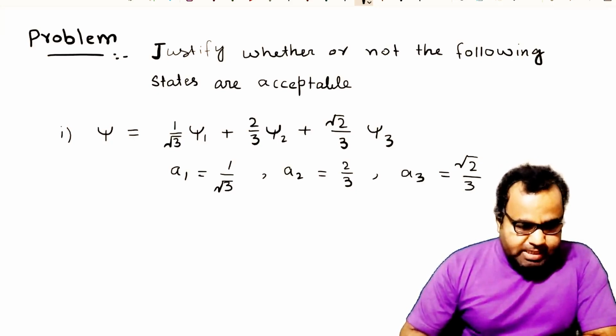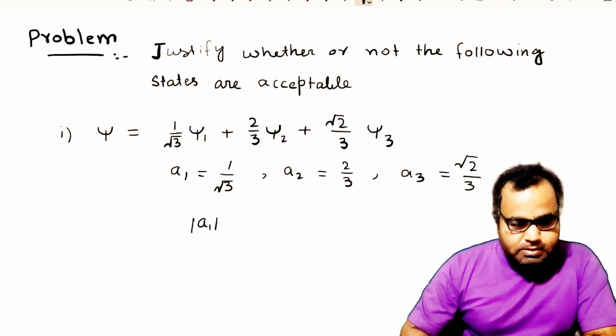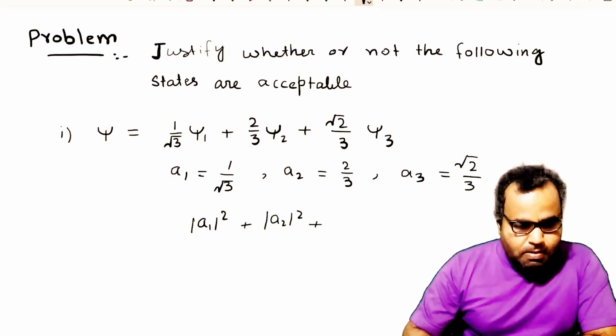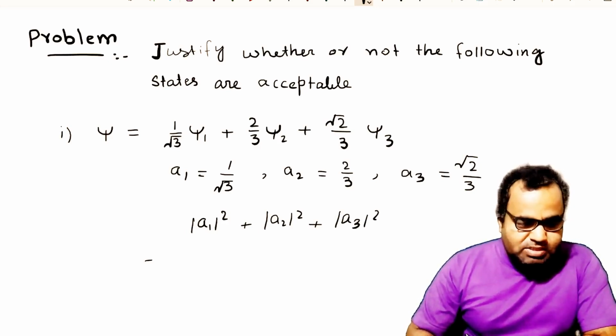So let me check it. |a1| square plus |a2| square plus |a3| square. Now we put in the values. What is the value of a1?